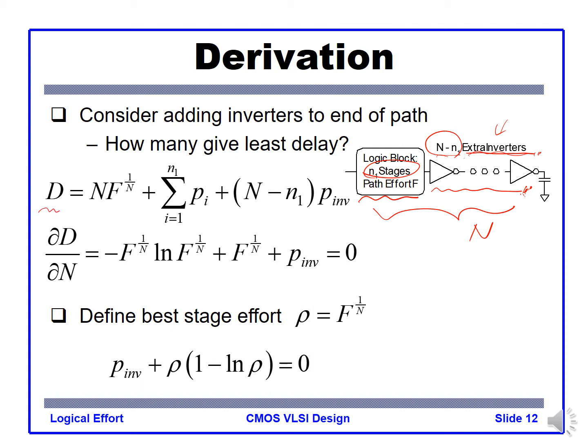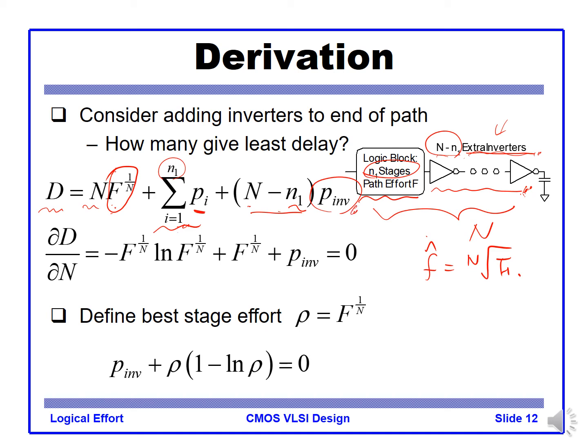If we want to calculate the path delay, we will find the path effort. From that we get the optimum stage effort, the root of f, right? So using that, we plug in the delay, and for the n-1 additional inverters we have an inverter parasitic delay. This is the total path delay.